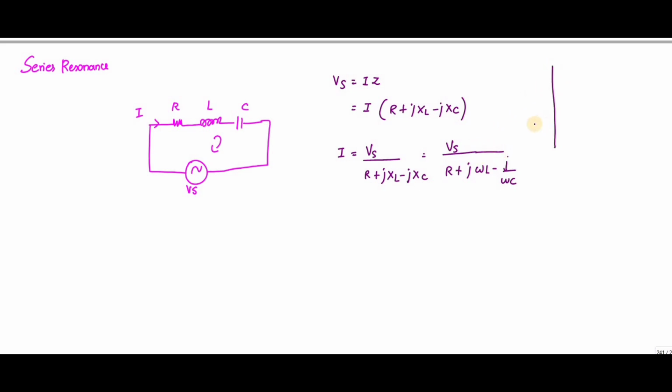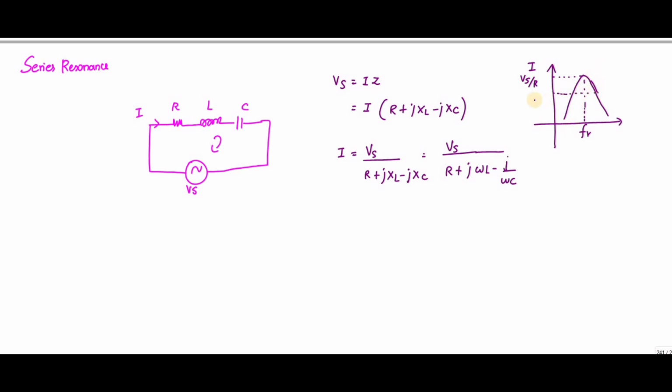So for series resonance circuit, we know that I is like this, right? The graph looks like this. So this is nothing but Vs divided by R, because at resonance you have only resistance.